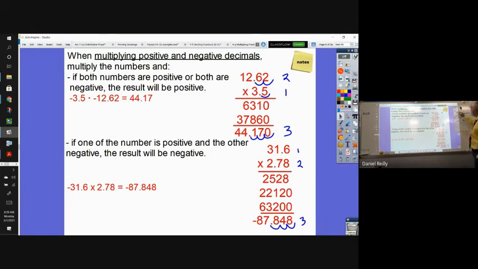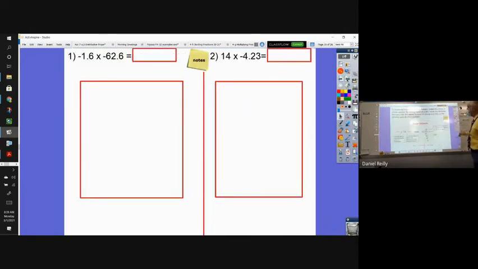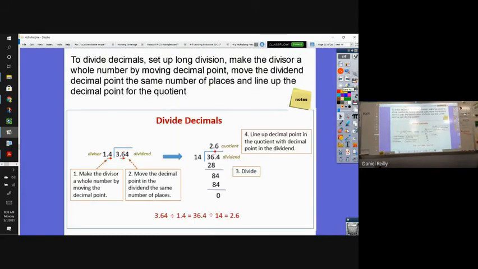Okay? Division. To divide decimals, you cannot divide by a decimal. You might remember this from last year, right? If you're dividing a number by a decimal number, you have to get rid of this decimal here. You can't have a decimal here and do long division.